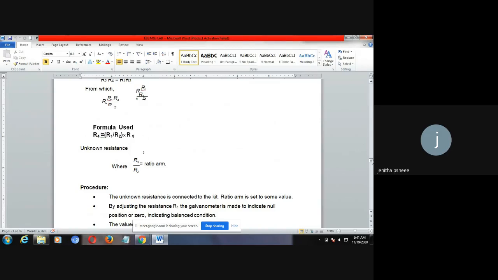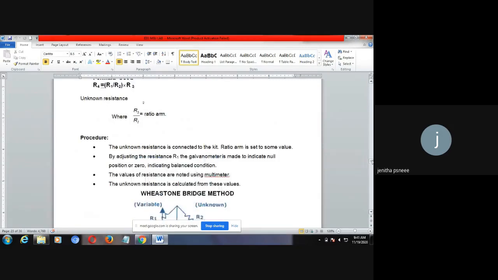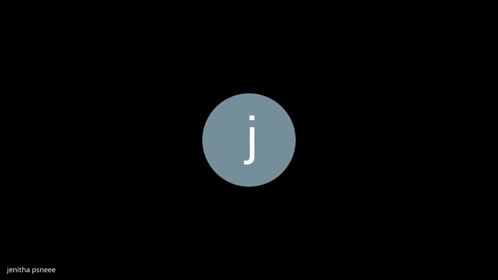Here we are deriving the formula, so we can find the unknown value. Three arms will be kept fixed in value and one arm will be varying.